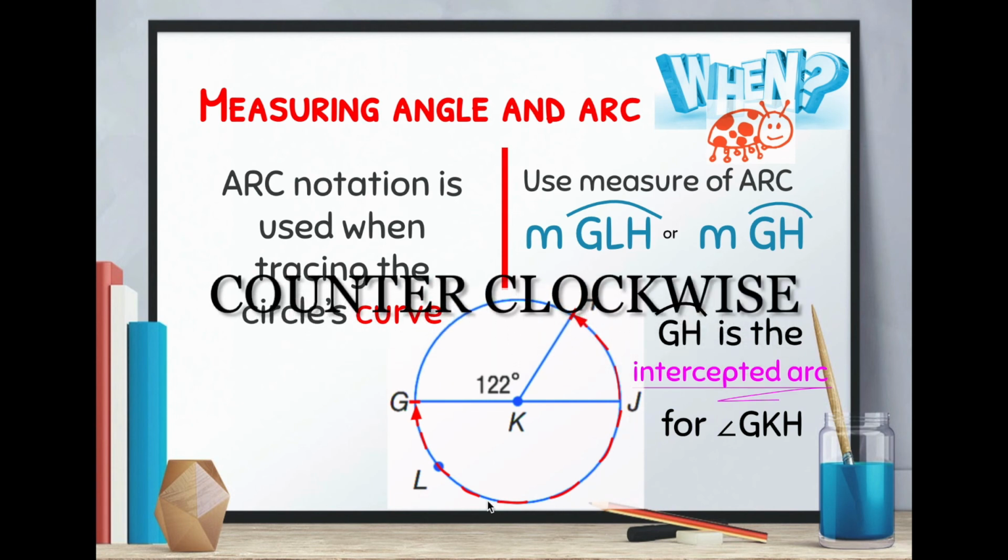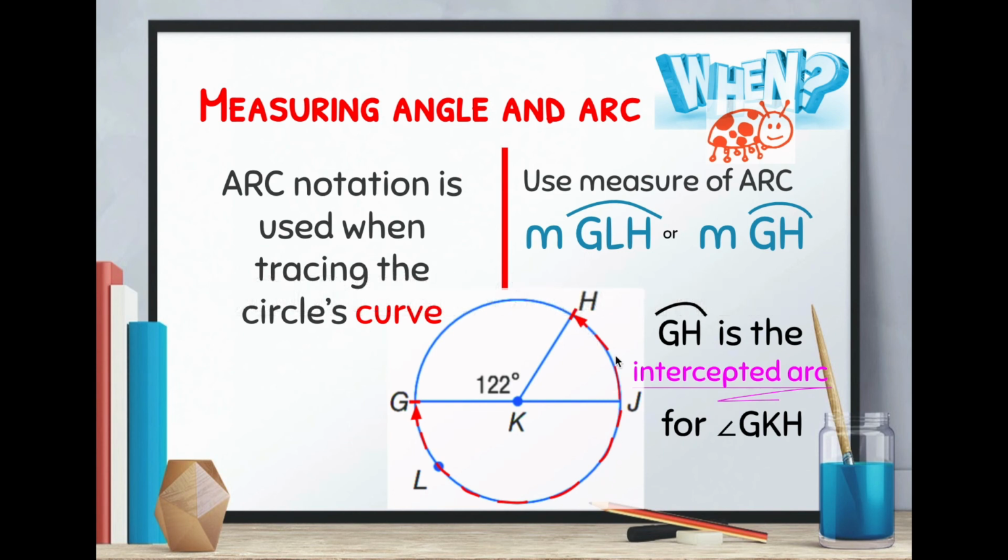This is the big arc length that is bigger than the semicircle, 180 degrees. If I trace GLH but not in order, this is the wrong arc length that spans the wrong way. The measure of the minor arc GH, this is the minor arc. This is the intercepted arc of the angle GKH.